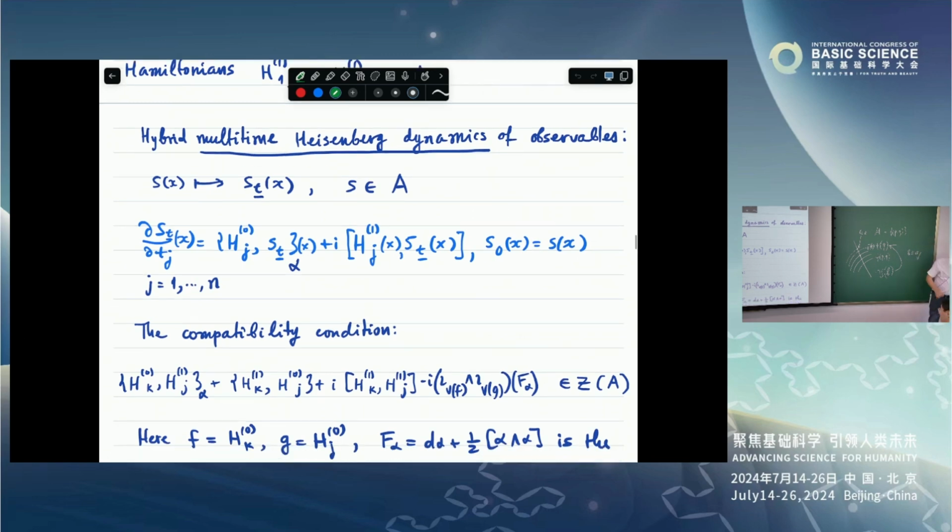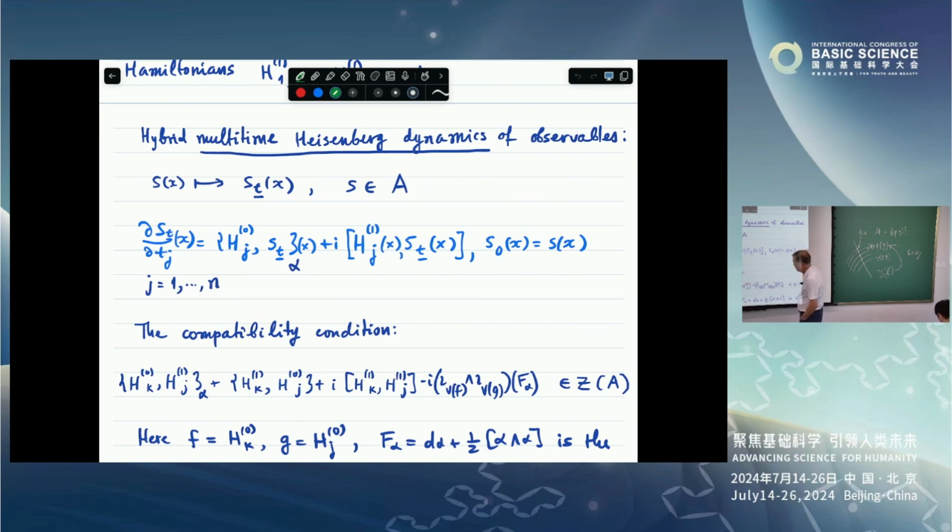So the compatibility condition is the following. If there is no Poisson bracket here, just like this, then we know what this is. It's a flat connection. Sorry, this is T, so this H should be commuted. If there are no classical Hamiltonians, there is nothing here, so it means that the commutator should be central.